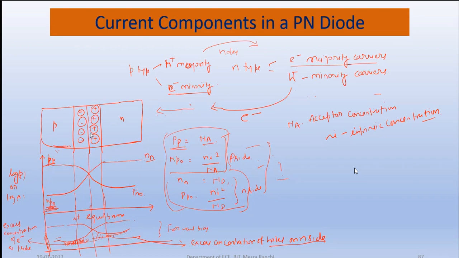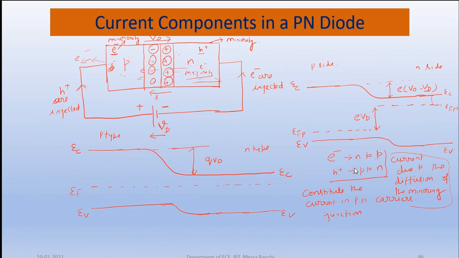So basically the current which occurs is due to the diffusion of the minority carriers. Okay, and basically these electrons and holes constitute the current in the PN junction. Electrons are the minority carriers at the P side and holes are the minority carriers at the N side.